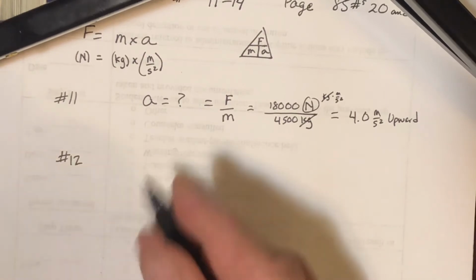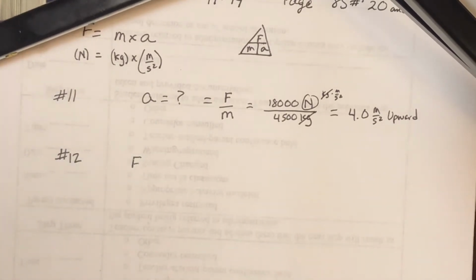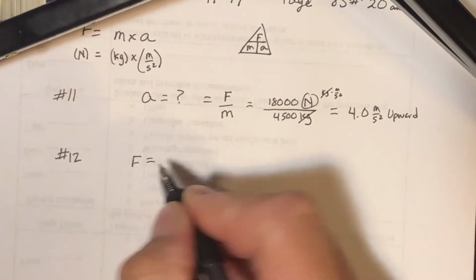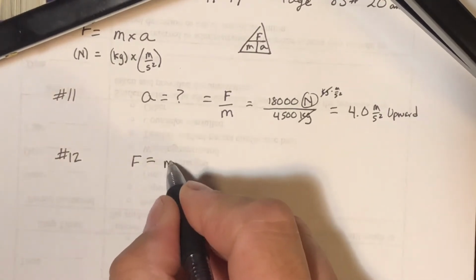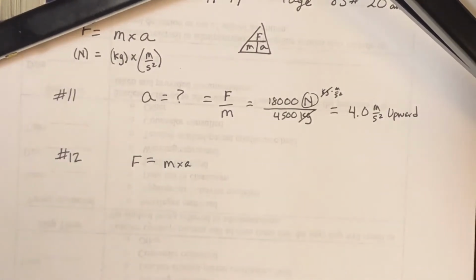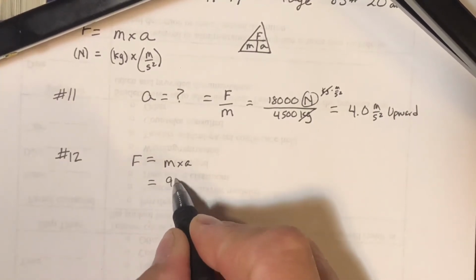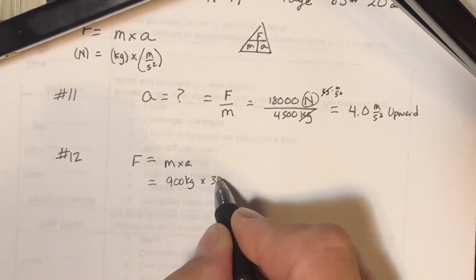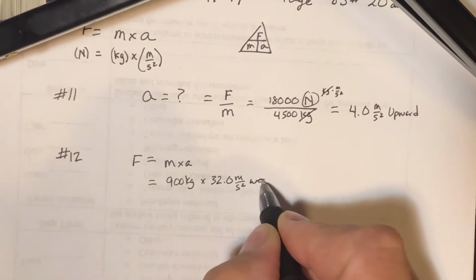So we want to find the force because it reads, what is the net force? What is force? If we go back up to our formula, force is equal to mass times the acceleration. So what is the mass? The mass was 900 kilograms, and the acceleration was 32.0 meters per second squared west.